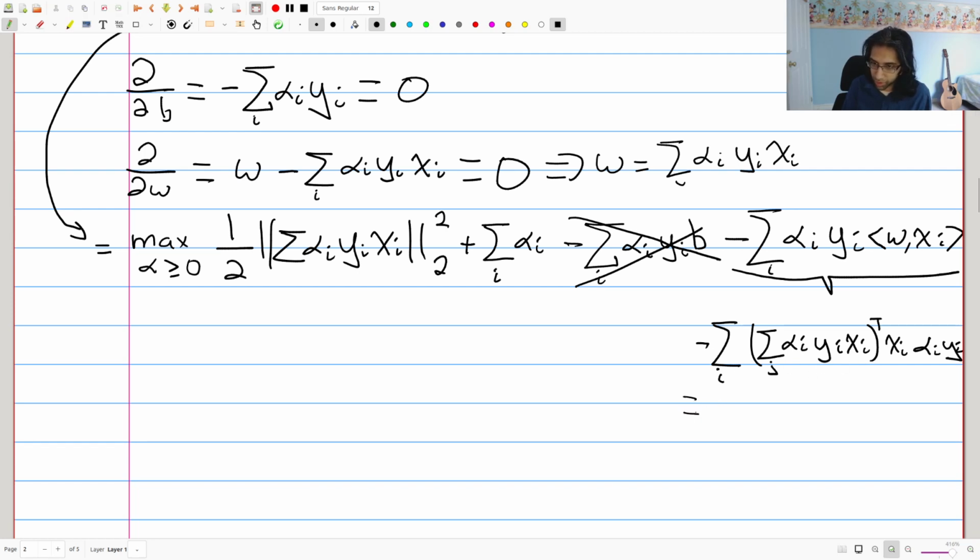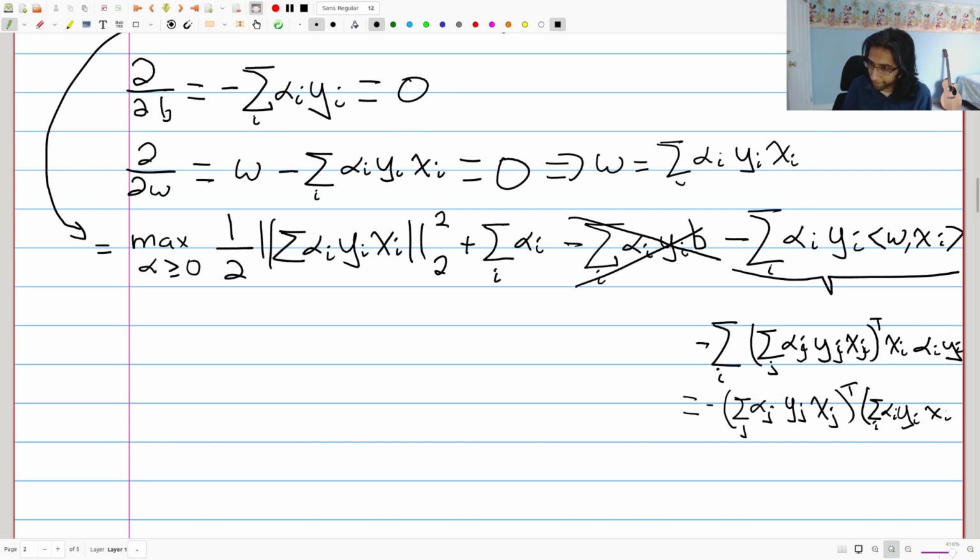So this is equal to minus summation over alpha i. Oh, sorry, let me note that this should be j. I changed the indices just to match up so that we don't get them confused. We have alpha j, y_j, x_j, transpose, summation over j times summation over i of the same thing, alpha i, y_i, x_i.